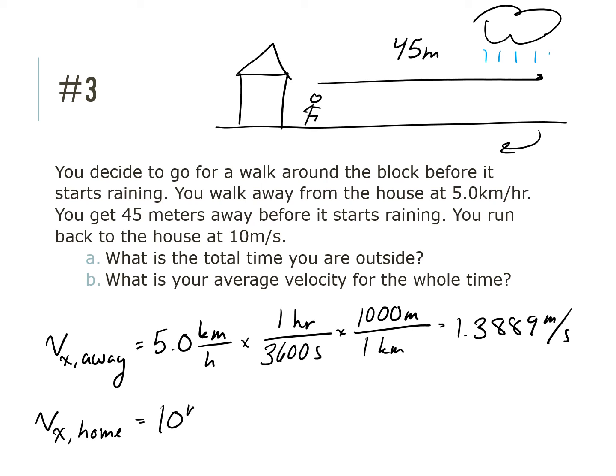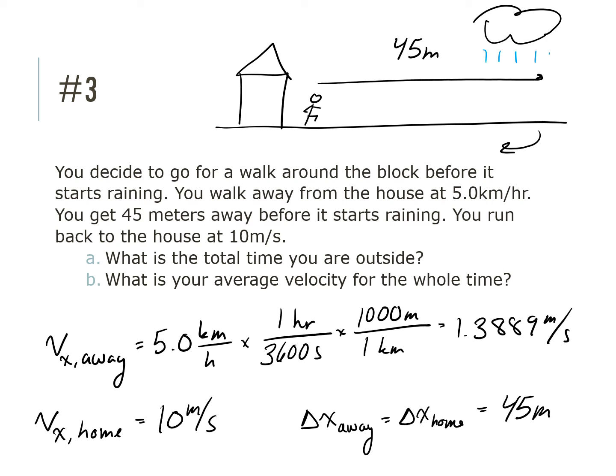I then am given my value for my speed home. It's just 10 meters per second. You are sprinting out of your mind to run home because you don't want to get wet. We have both of this information, and we know that the change in position going away and on the way home are the same, because we went 45 meters before we started coming home.